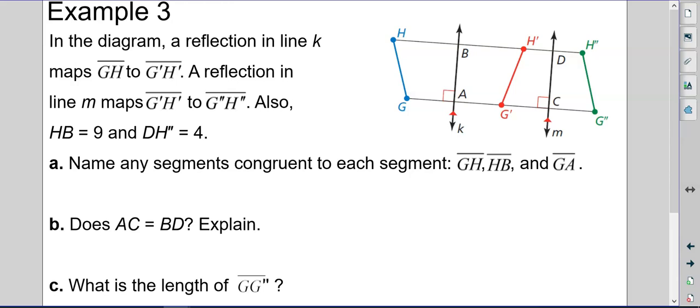Just like we talked about before, it folds over and folds over again, and basically GH is a translation onto G double prime H double prime. Okay? Let's go a little bit further. It also says HB is 9 and DH is 4.